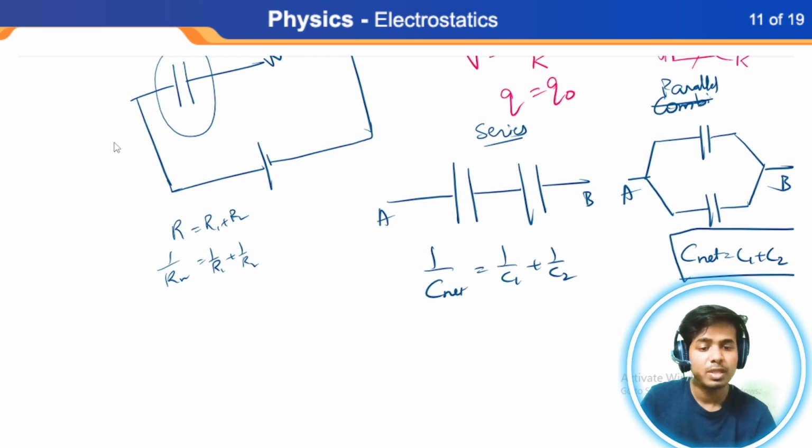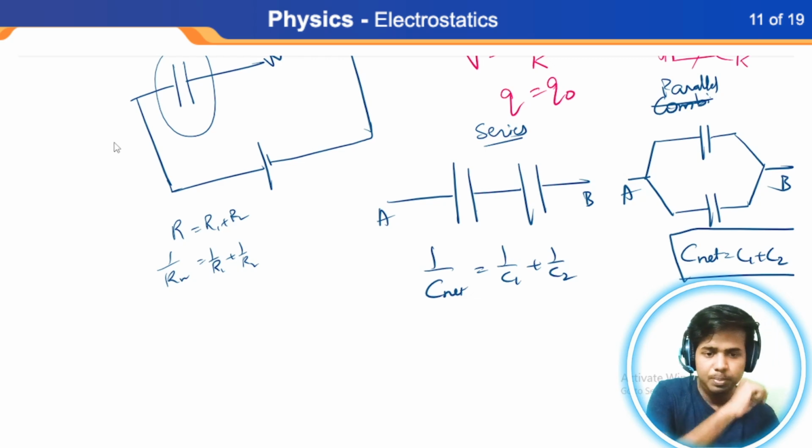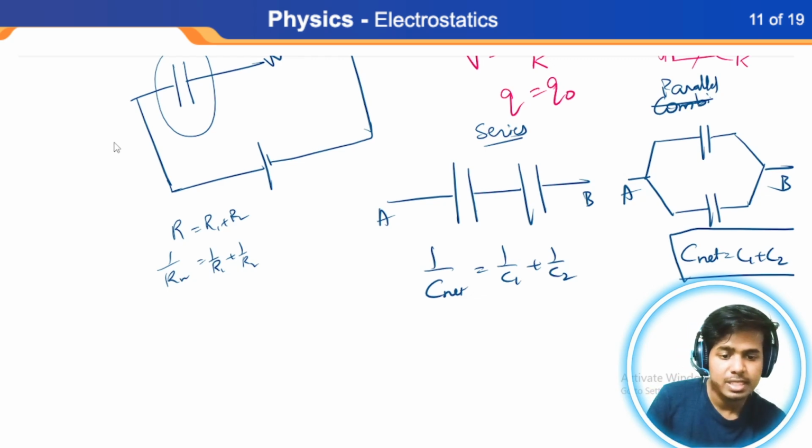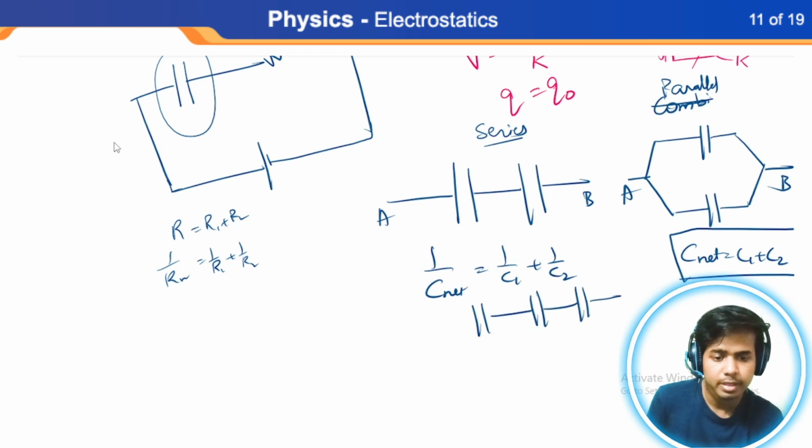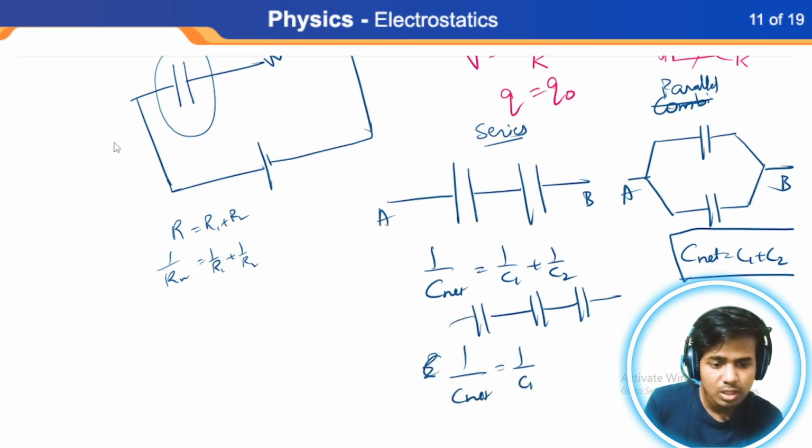Of course, if you have multiple capacitors in series, one, two, three, and further, then in this case it will be 1 by C net is equal to 1 by C1 plus 1 by C2 plus 1 by C3 and so on.